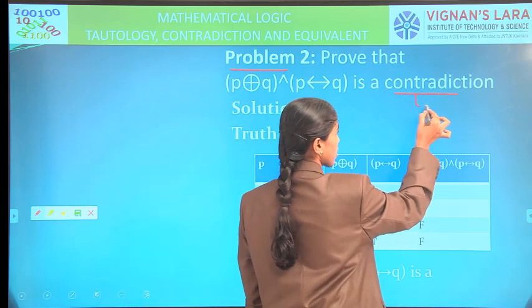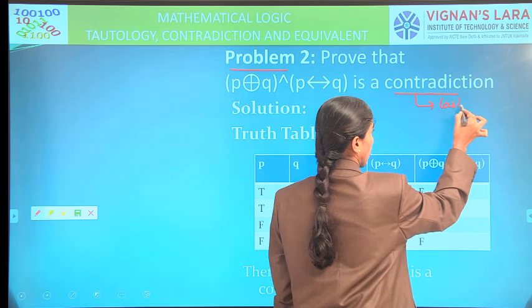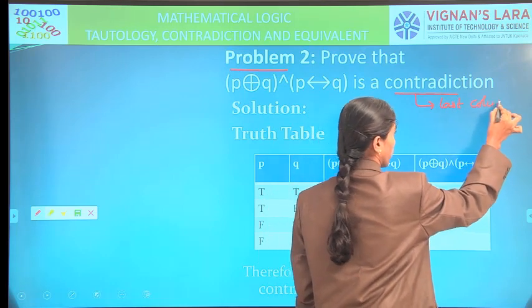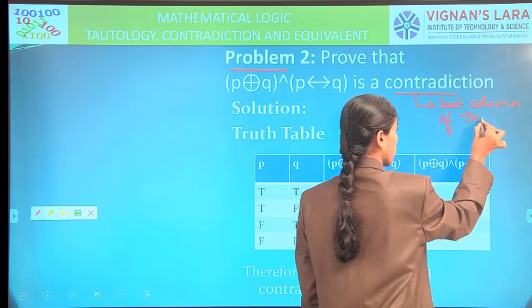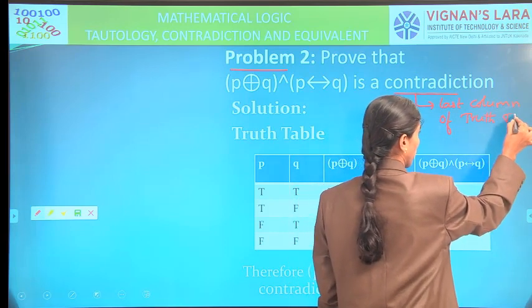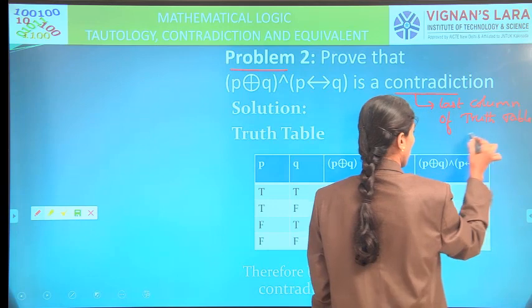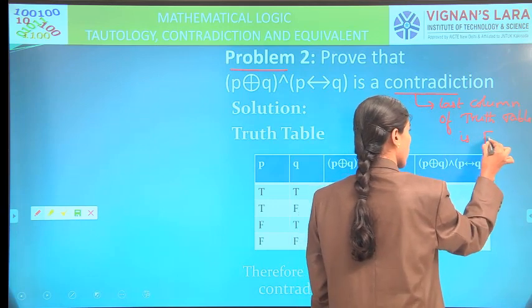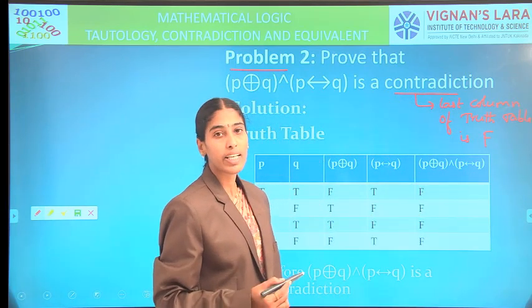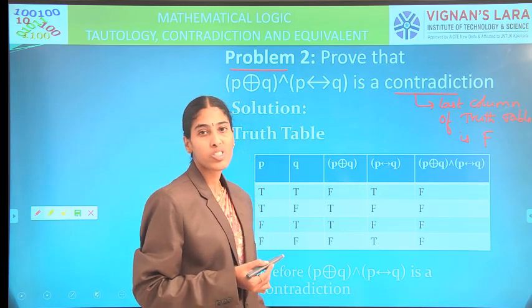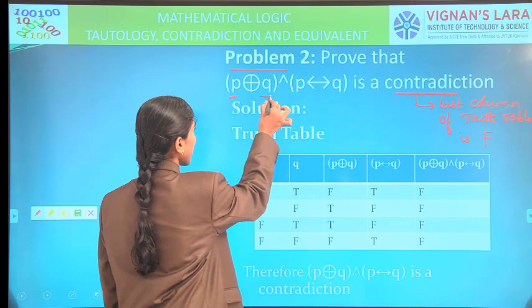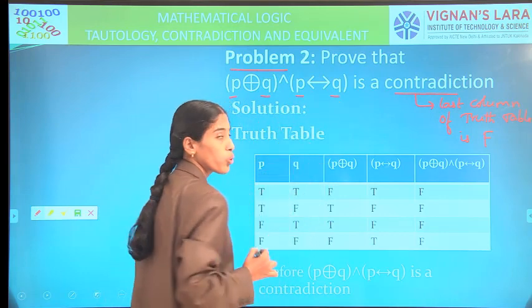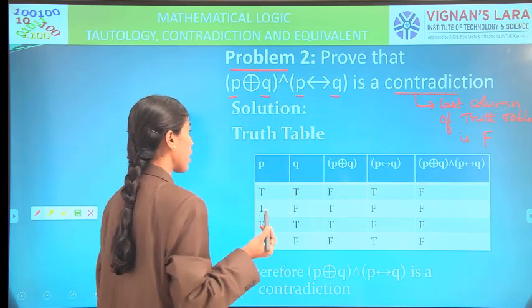If the last column of the truth table is all false, then we can say that the given proposition is a contradiction. So how many variables are there? Here we have 2 different variables, P comma Q.